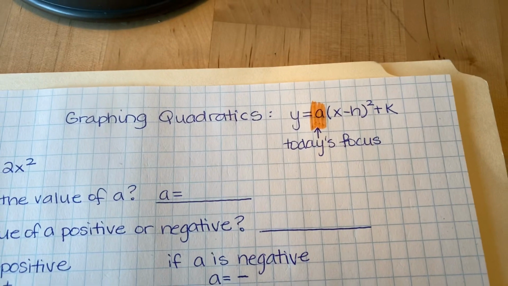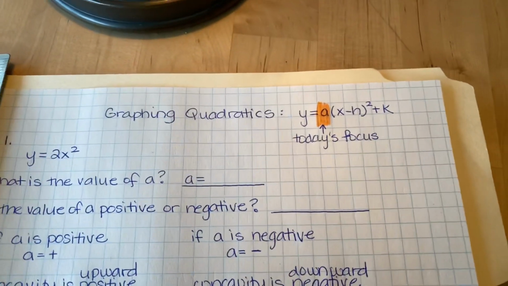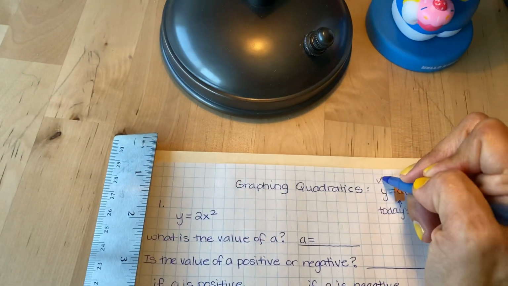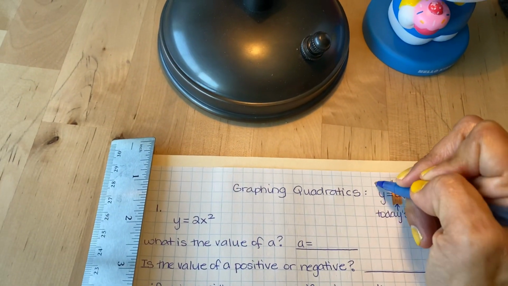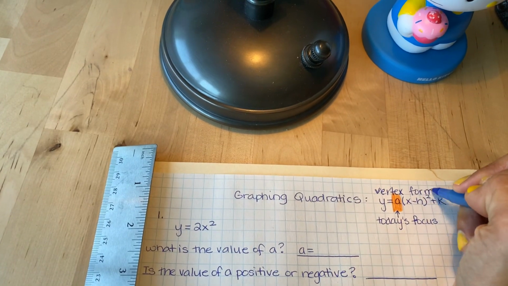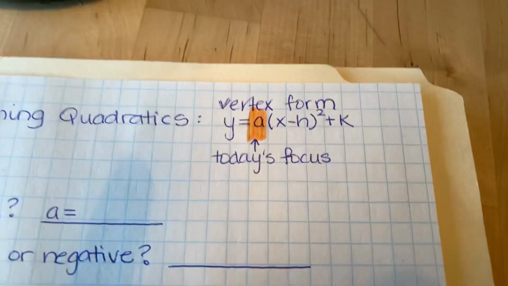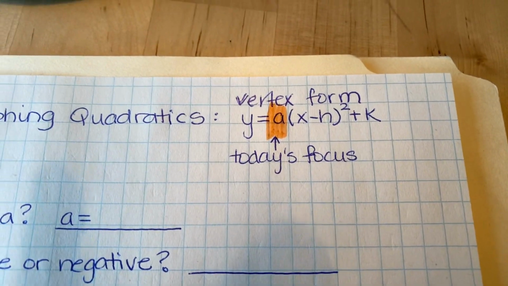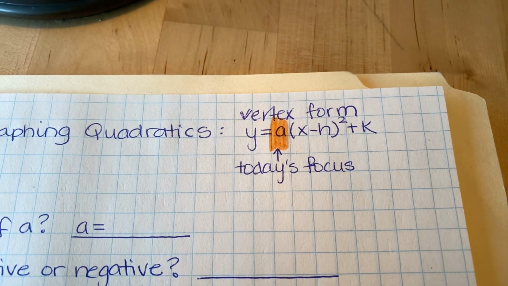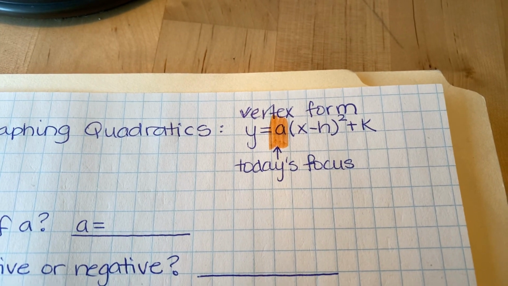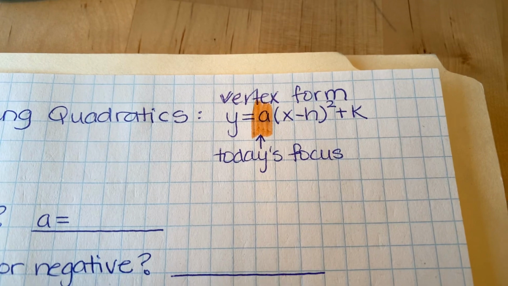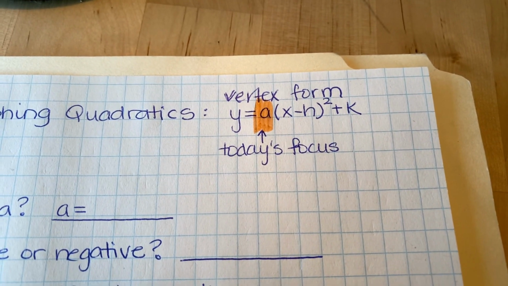So this is vertex form of a quadratic. It is y equals a, and then in the parentheses, x minus h, quantity squared, plus k. We are only focused on the a, and that's the one example I'm going to solve.